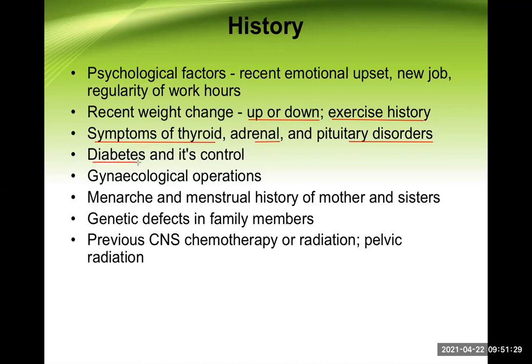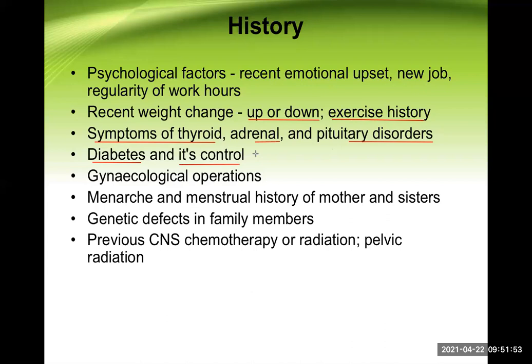Take the history of symptoms and signs of diabetes, and its control. Ask some quick questions: how do you take a history of diabetes? What questions would you like to ask? Anyone? Sir, polyuria, polydipsia. Very good. Polyuria, polydipsia, and polyphagia.